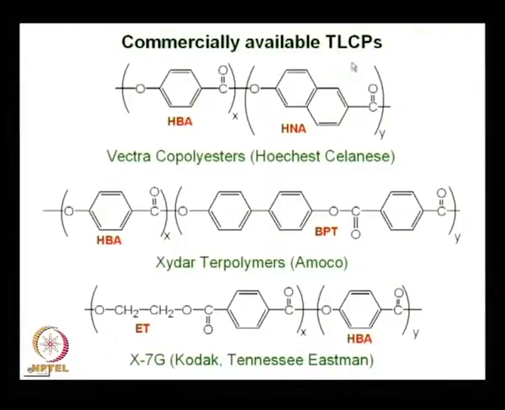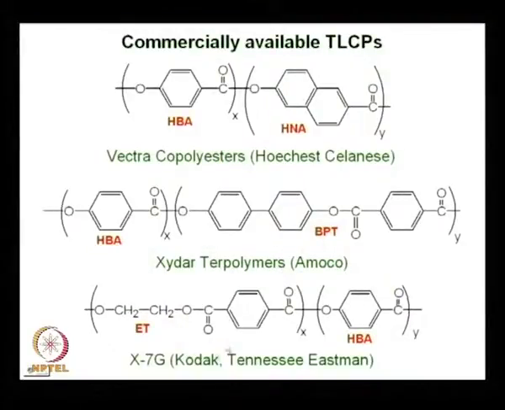Commercially available thermotropic liquid crystalline polymers: Vectra copolyester, Hoechst Celanese, Xydar, Amoco. You look at these structures, these are commercially available. People are doing research, developing newer and newer polymer blends using a small percentage of such commercial LCPs with, say, high density polyethylene, or with polyesters, or even polycarbonates.